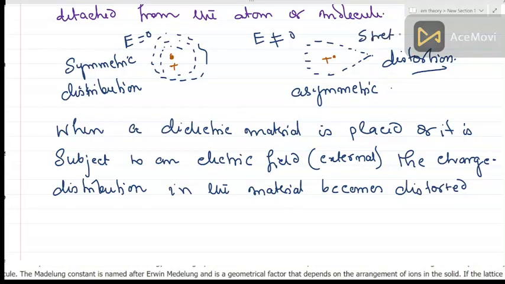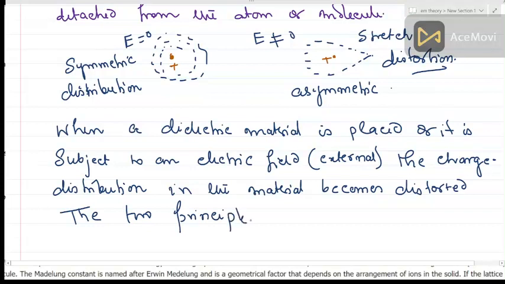And the two prominent methods of distortion are stretching and rotation. This charge distribution, what you see here, is a kind of stretch, similar to the situation when you are stretching a spring or stretching an object.